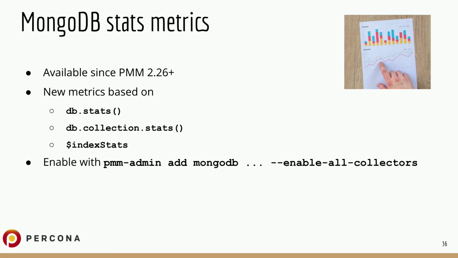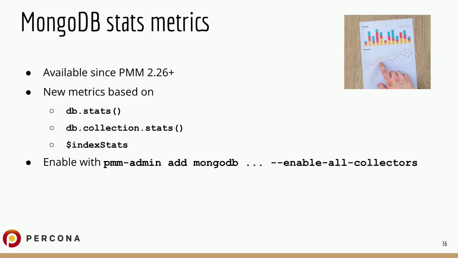So you'll see the output of each of the database stats as well as each of the collections. You will see the index stats as well. And if you want to enable this, you will need to do so explicitly with the Enable All Collectors option, okay? In the pmm-admin command, when you register the MongoDB for monitoring, you use this new option, and then that will give you all of these new metrics.